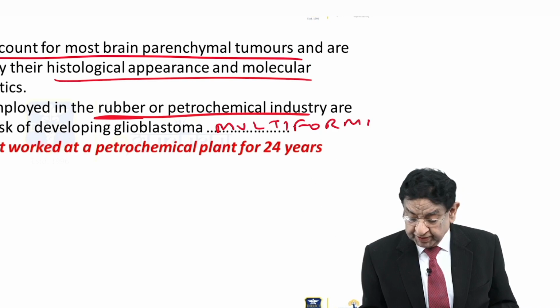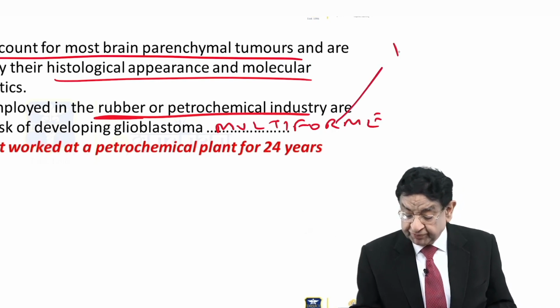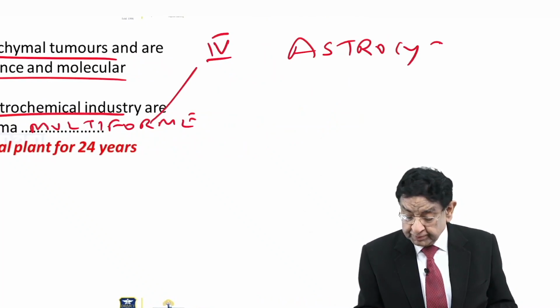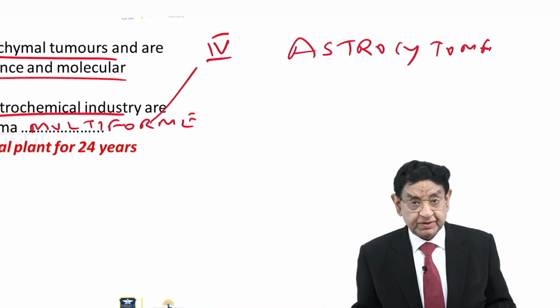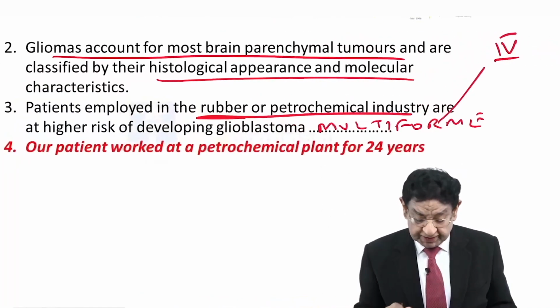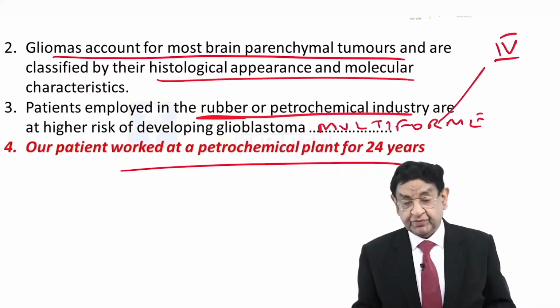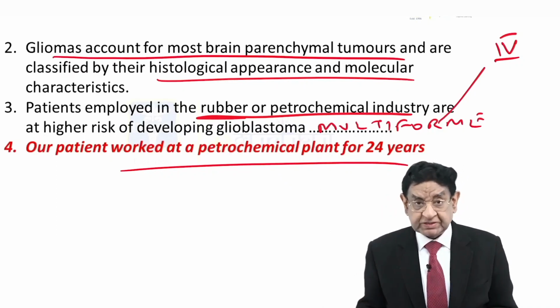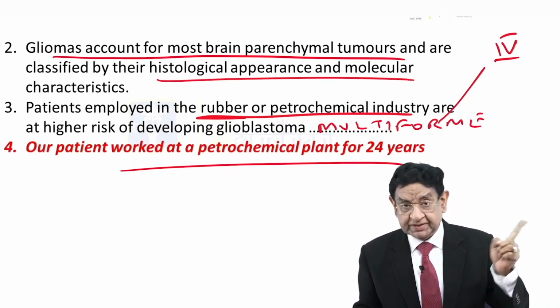We all know very well that it is a grade 4 astrocytoma and a highly malignant tumor. Our patient has worked in this industry for 24 years, so it is quite possible that he developed it because of this occupational hazard, which I mentioned in the very beginning also.